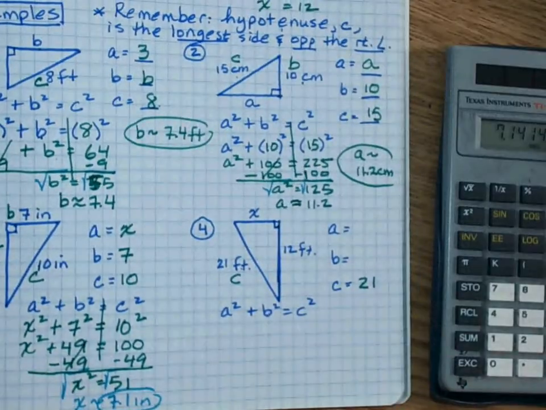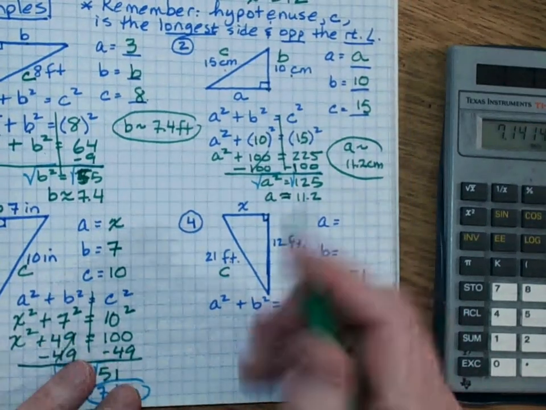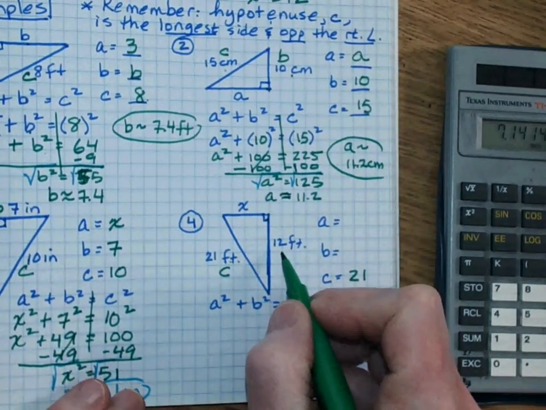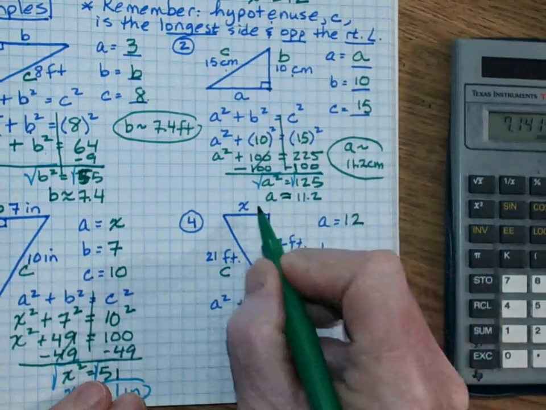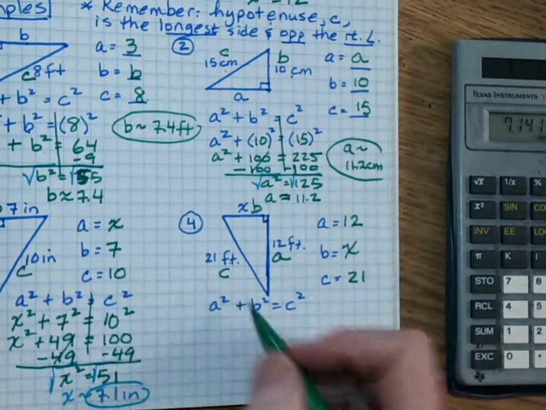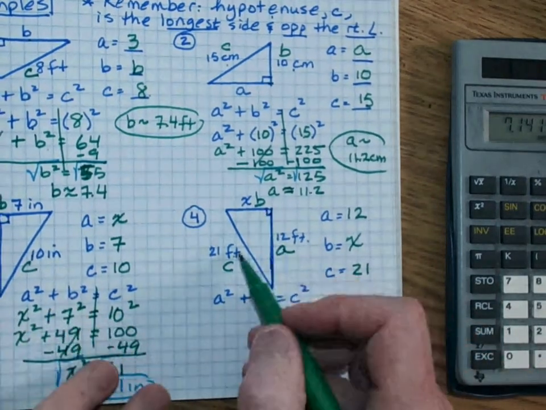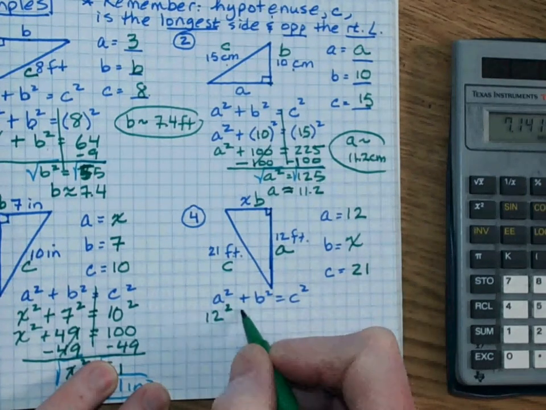All right, final one. For fun, let's just say A is 12, and we'll say B is X. And C we've already identified as 21 because it's opposite the right angle. So A is 12, and we're squaring that.